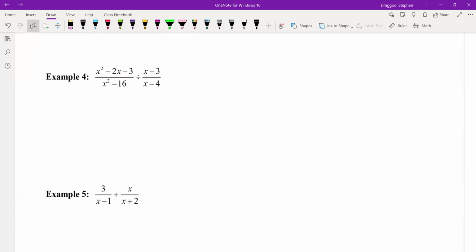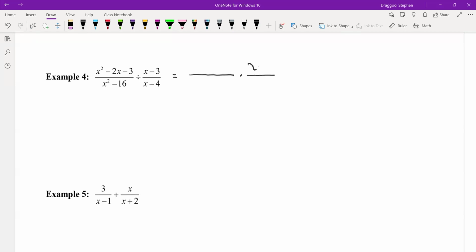Going again, I've got some more things that can factor. I'm also going to divide by fractions this time, rather than multiplying them. So first thing I'll do is change that division into multiplication.